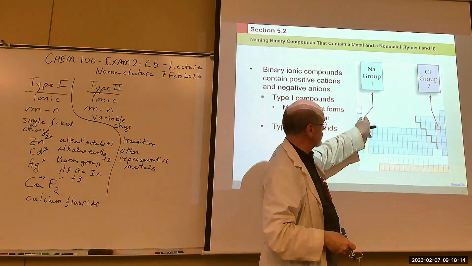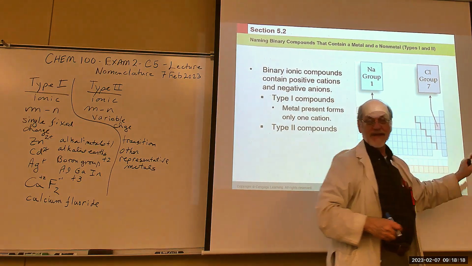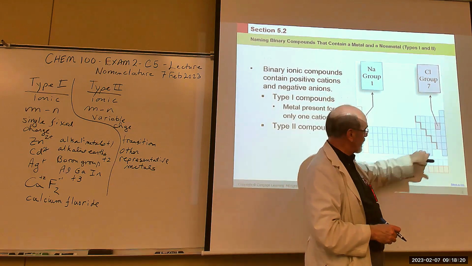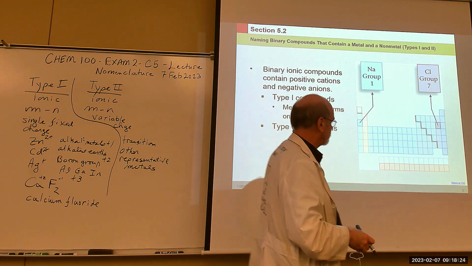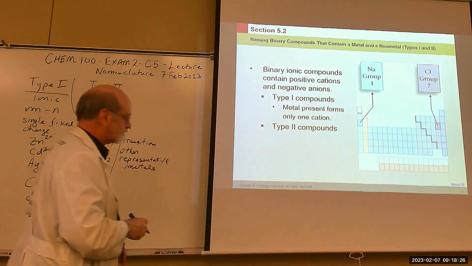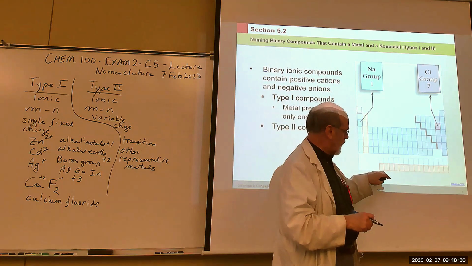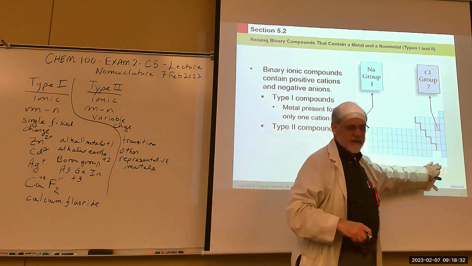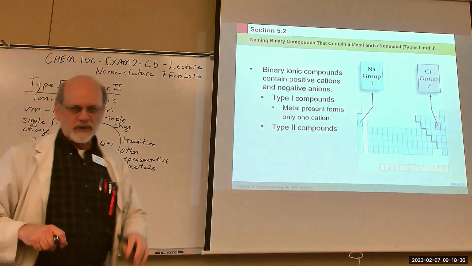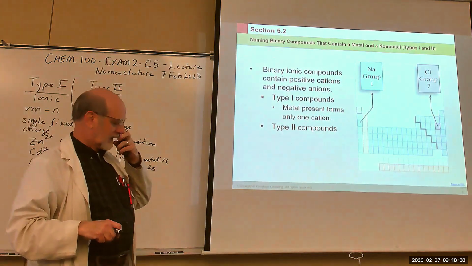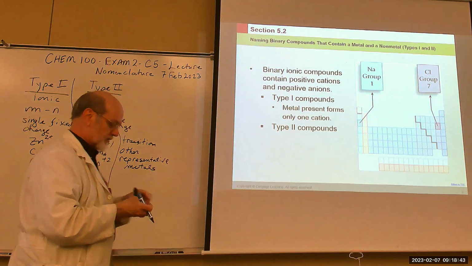The representative elements are these 2 columns and everything over here, like that. So the representative elements, that metals are right down here. And you also have a possibility in the actinides and the lanthanides for multiple charge, but we're not going to deal with those to any great extent, so you don't have to worry about those too much.